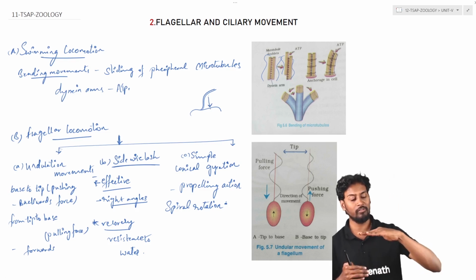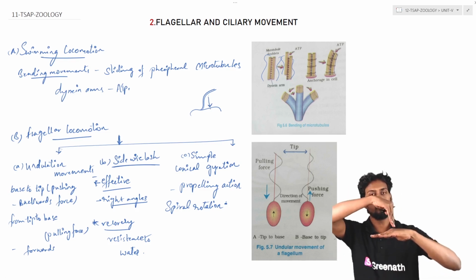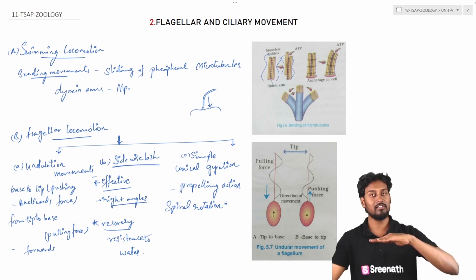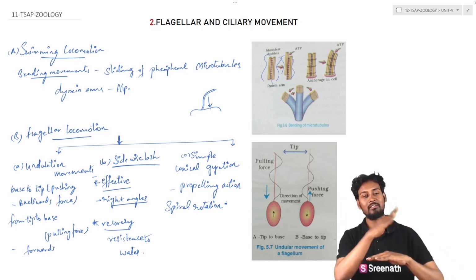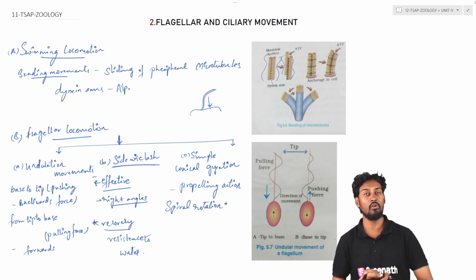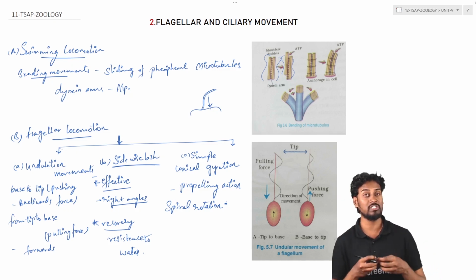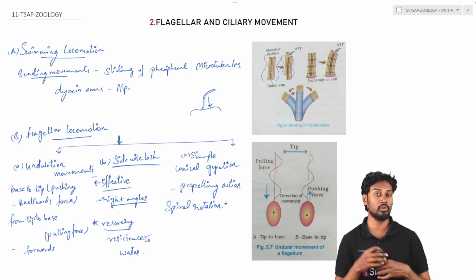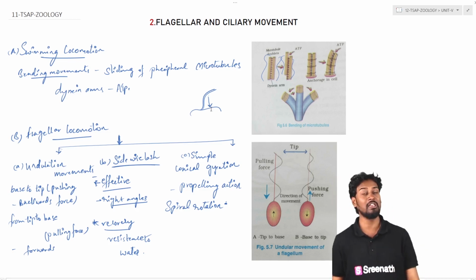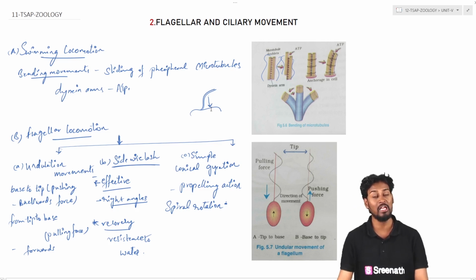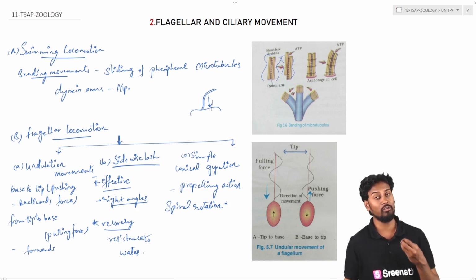So this is the surface of the cell to which this particular flagella is generally attached, and it is showing the bending movement. So it is generally showing the bending movements which are causing the organism to show the forward movement. So this kind of bending movement is possible in the case of organisms which are showing the swimming category of locomotion.